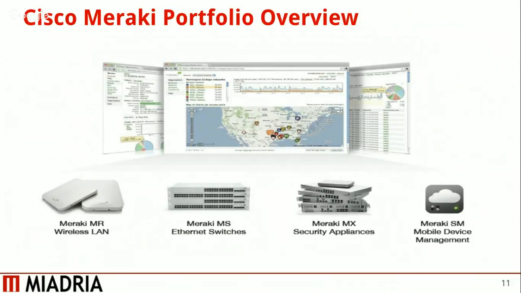The difference between Ethernet switches and security appliances is that on security appliances you have layer 7 control and a lot of routing features, while on Ethernet switches you control up to the third layer, and you have limited protocol support.